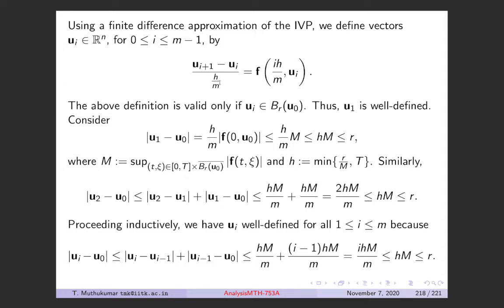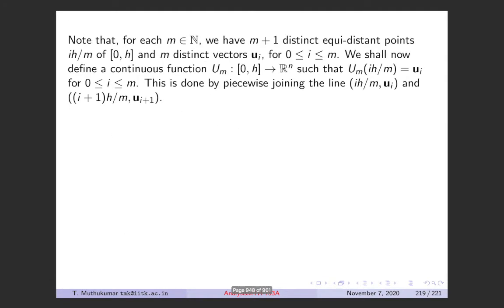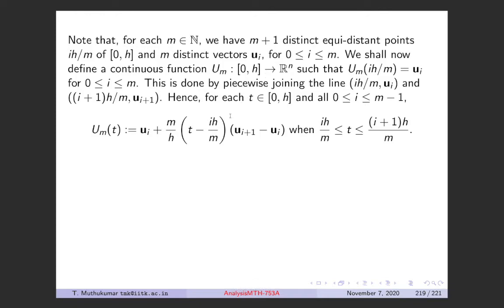So you actually notice here that (u_{i+1} minus u_i) over h over m is f, right? And you have an f here as well.